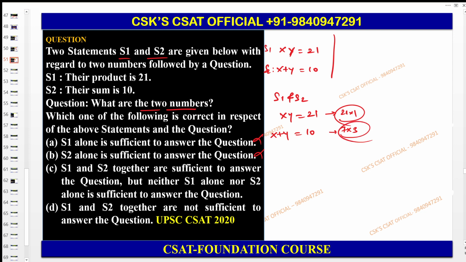With this we can easily say the two numbers are 3 and 7. So S1 and S2 together are sufficient to answer this question, but neither S1 alone nor S2 alone is sufficient. So the answer for this question is C. Everyone understood this one?